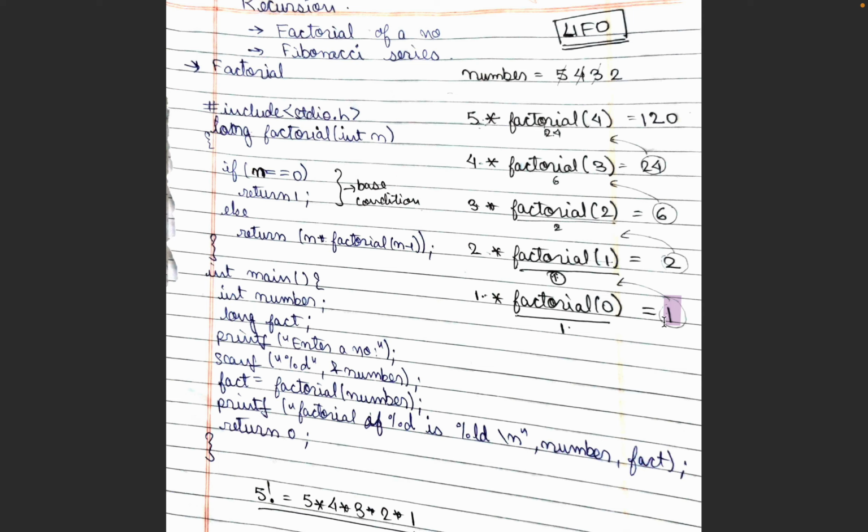So one thing, this whole statement, from where did we get it? When we went to the function with factorial 1, we got this statement when we were at factorial 1.